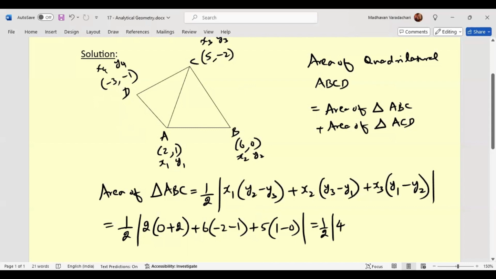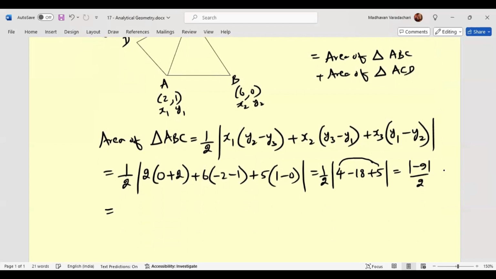Minus 3 into 6 is -18. And this is 5. So now 4 plus 5, it is 9. 9 minus 18 becomes -9 under modulus, divided by 2, which is nothing but 9/2, or we can say 4.5 square units.